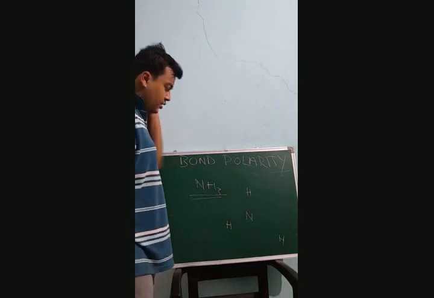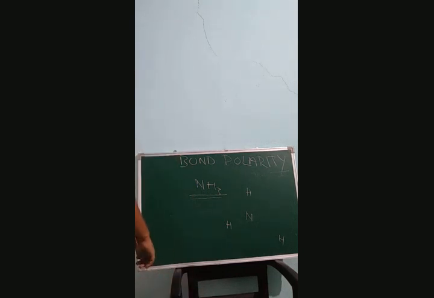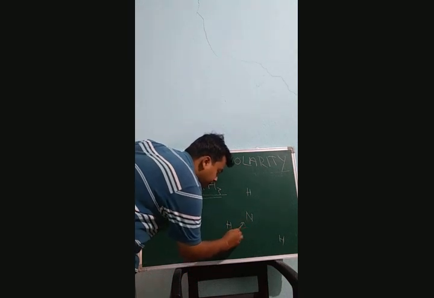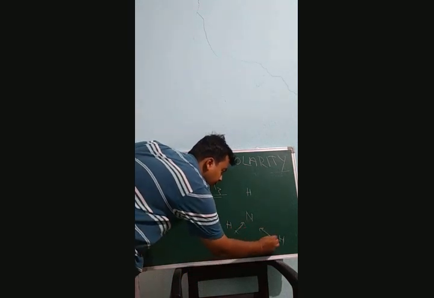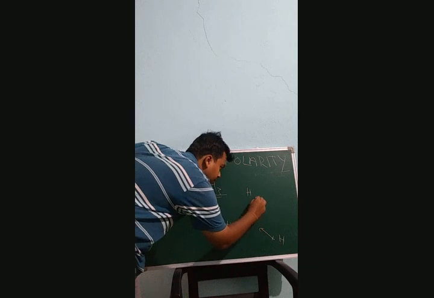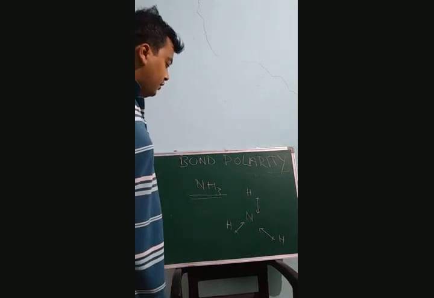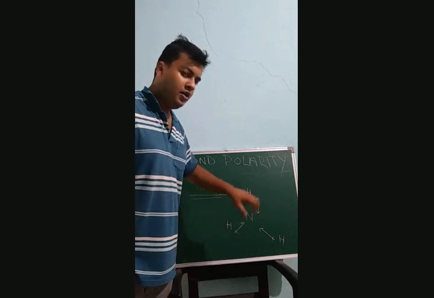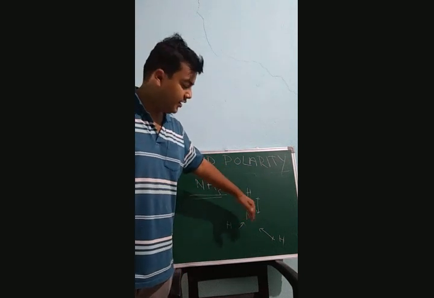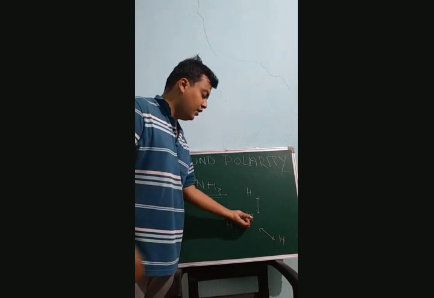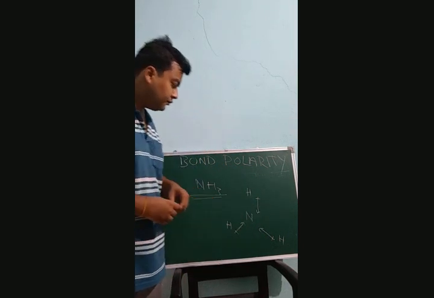So the direction of the polarity will be towards the nitrogen atom, because nitrogen is more electronegative than hydrogen. So there is one lone pair or single pair of electrons present in the upward direction. In this direction there is one lone pair of electrons.